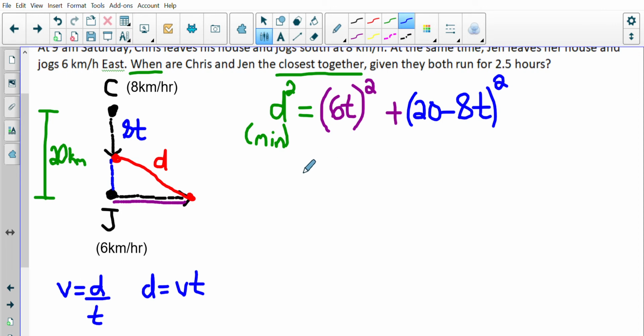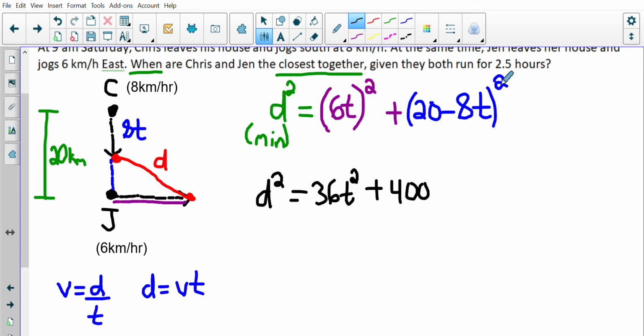All right, now here's what I'm going to do. Before I take the derivative, which is my next step, I'm going to simplify this equation. And so first off, I've got d squared is equal to, let's see, 6t squared, square the 6, square the t. Now I've got to take 20 squared, that's 400.